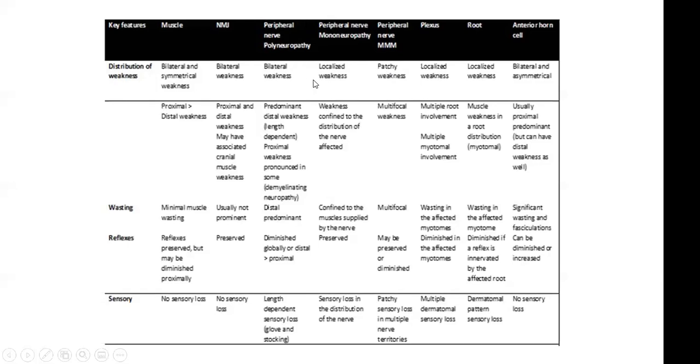Then these nerves combine to form plexuses, roots. A root, for example, like C6, C7. That's a root. And then you have the anterior horn cell, in the spinal cord. So this is the lower motor neuron pathway: muscle, neuromuscular junction, peripheral nerve, root, plexus, anterior horns.